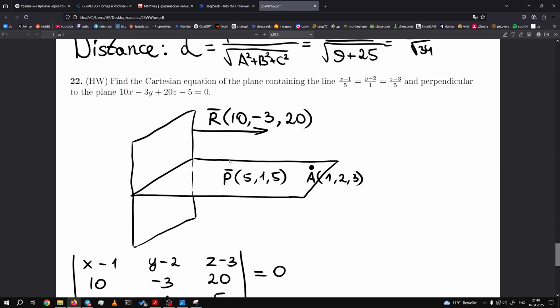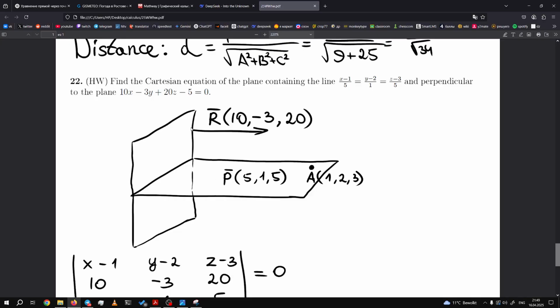And final task. Find the Cartesian equation of the plane containing the line and perpendicular to the plane. So this is our plane. From this we need to find the Cartesian equation. And this is perpendicular. These planes are perpendicular.